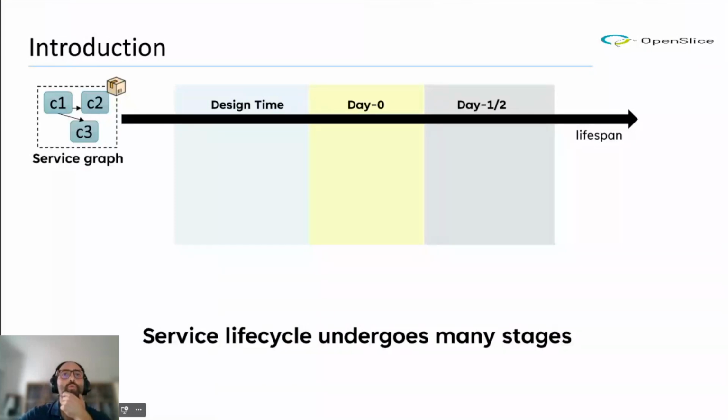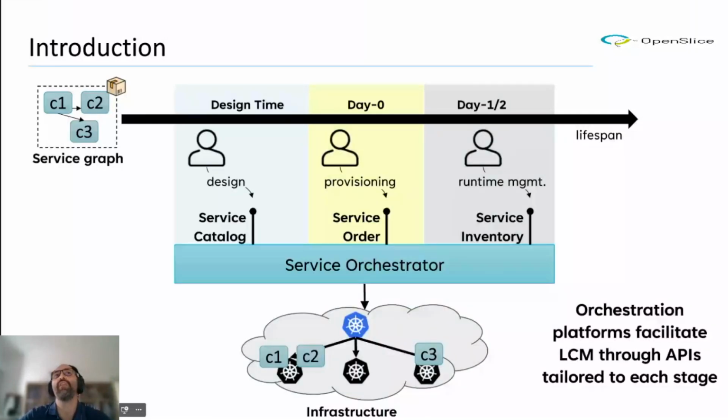So we have a service that we want to deploy somewhere in a cluster or a hub. A service lifecycle undergoes many stages. First, we have to design the service and make it available in a service catalog.